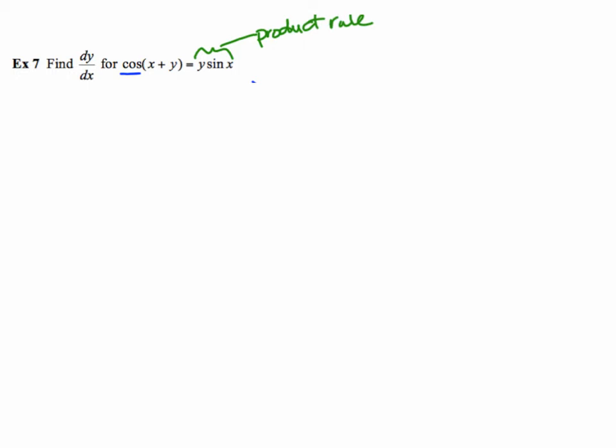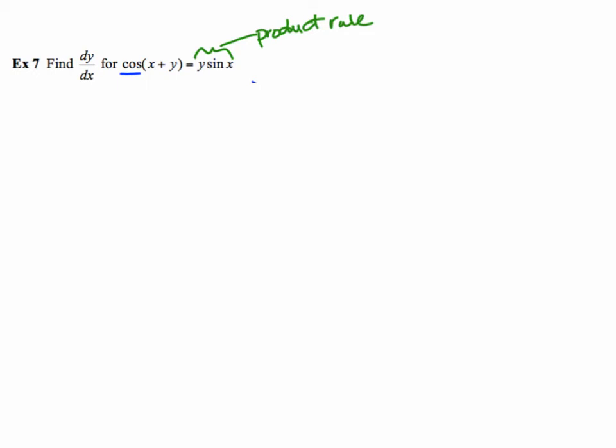And on the right hand side, I can see that I have to take the product rule, because I have y times sine x. And since I'm finding dy dx, I'm going to be using implicit differentiation. I'll also be using the chain rule. So all these things are going through my mind as I'm taking a look at this equation.